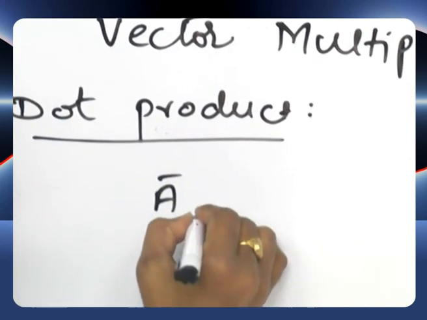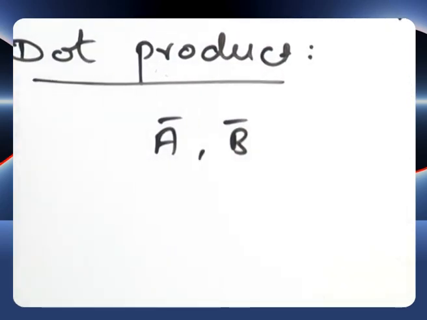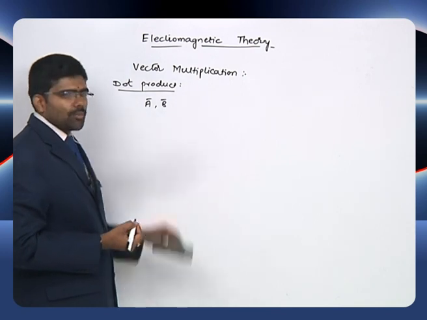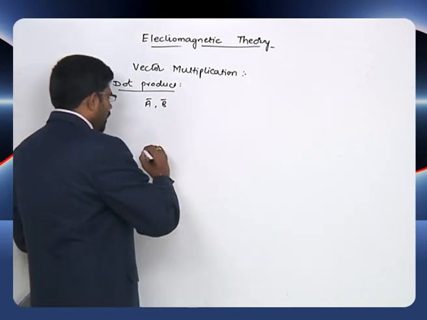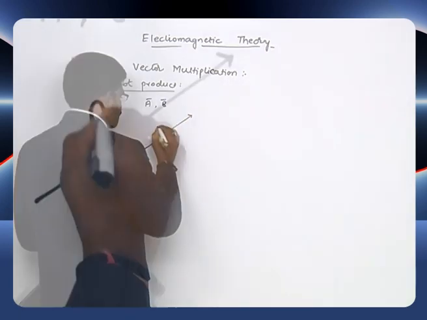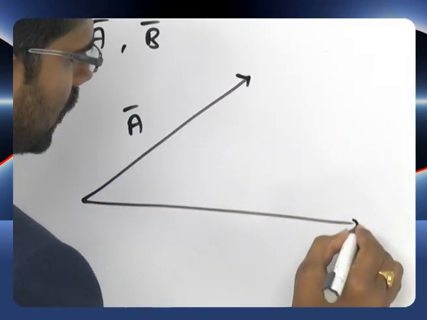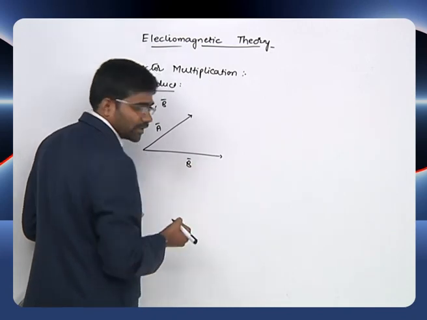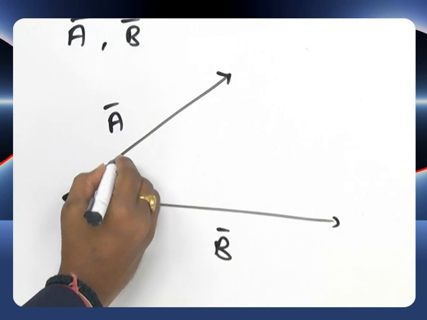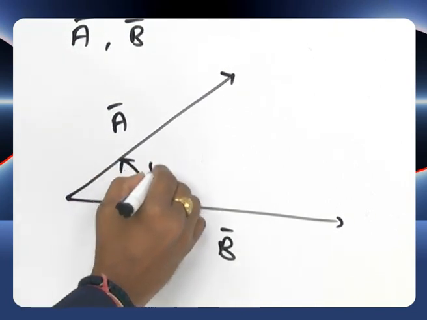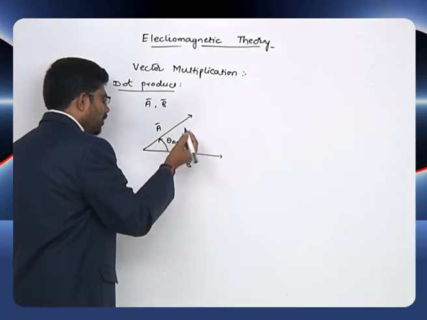So, let us take a bar and b bar as two vectors. How was the dot product defined between these two vectors? Let us take a bar like this and b bar like this. These are two vectors in different directions and with different magnitudes. Let us consider the angle between these two as theta AB.